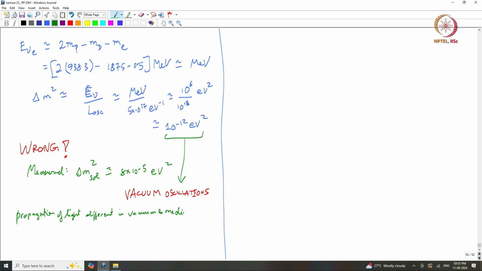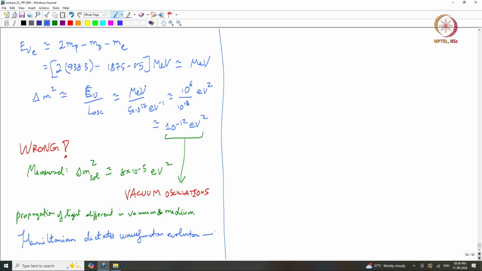So it is not surprising that medium effects or matter effects would affect neutrino oscillations as well. Said differently, at the end of the day, it is the Hamiltonian that dictates the wave function evolution, and this Hamiltonian will be different in the vacuum and in the medium.